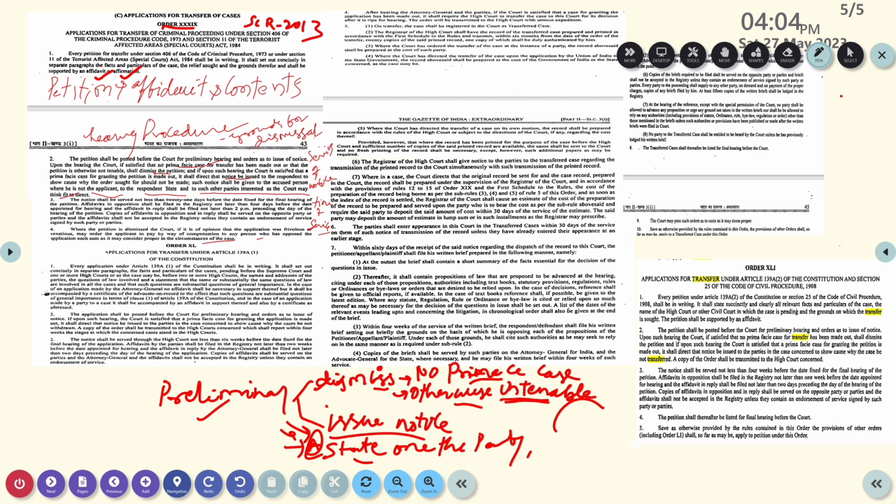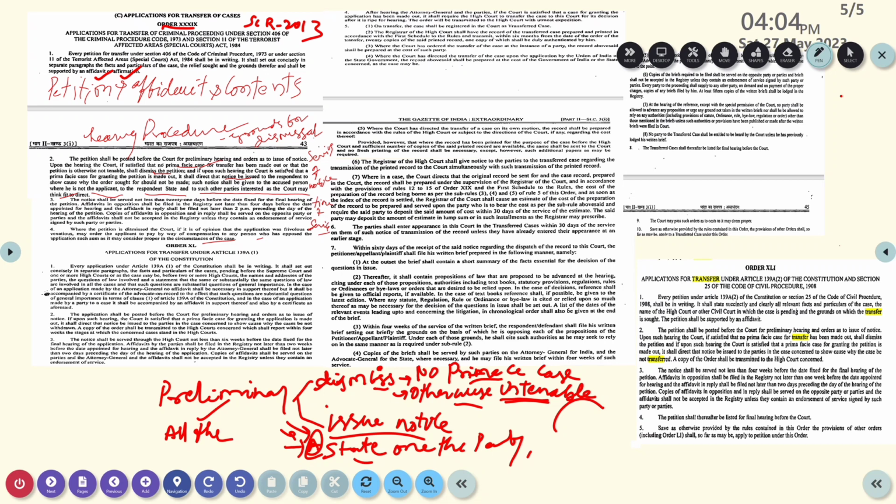Come to how this notice has to be served. Notice should be served on all the parties interested. That is one condition.